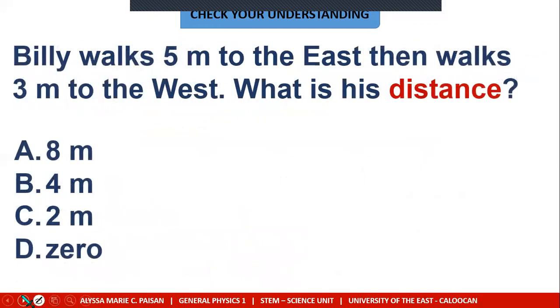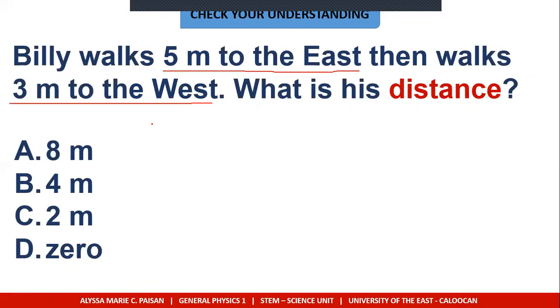Now, let's put some numbers on them. Let's say that Billy walks 5 meters to the east, then walks 3 meters to the west. Question, what is his distance? As you may notice, the givens are vectors, 5 meters east and 3 meters west. So these are displacements. How will you be able to get distance when the problem gives you displacement? Simple, you remember that displacement is distance with direction.